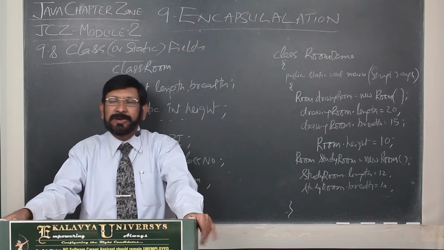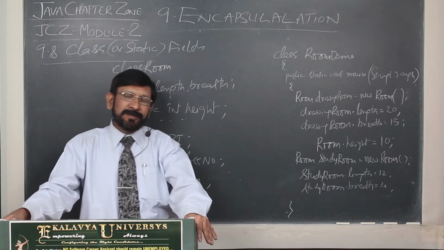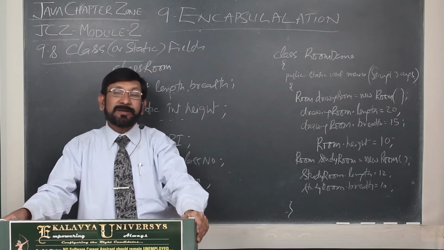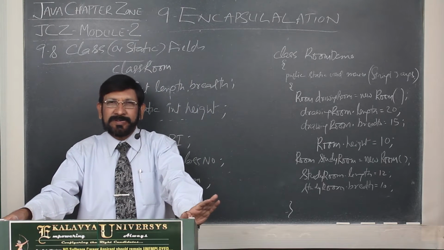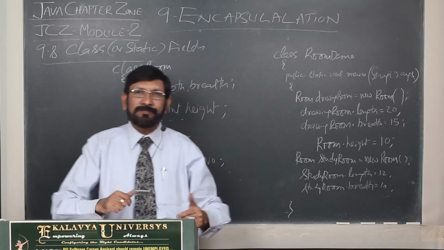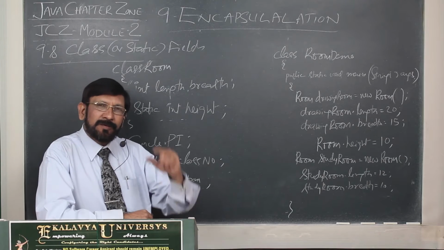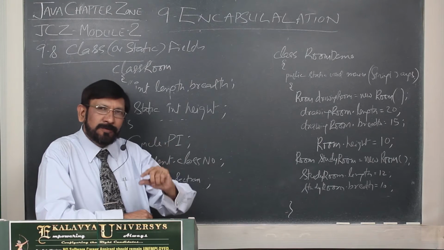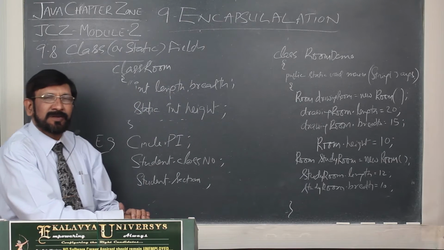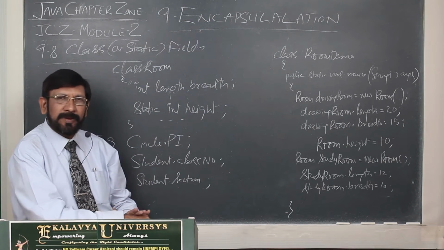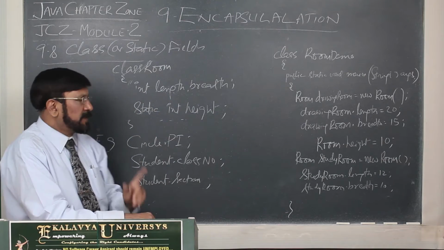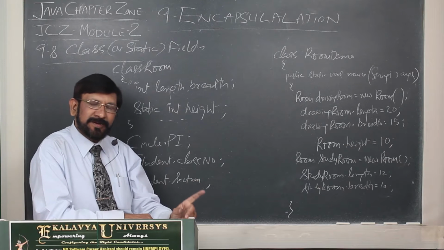After identifying all the variables of that class, you have to identify which variables play a global role, meaning whose value is common for all the objects created from that class. Then you may declare them as static variables. Then only one copy is created.